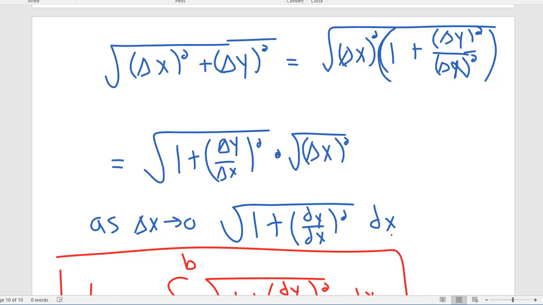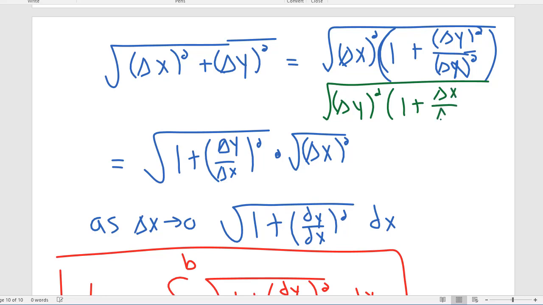Here's my dx. What we could have done at this point, instead of factoring out the delta x squared, is factor out the delta y squared. If I factor out a delta y squared here, I'm left with a 1 on this term, and then this would be (delta x over delta y) squared, so technically it's 1 plus (delta x over delta y) squared.